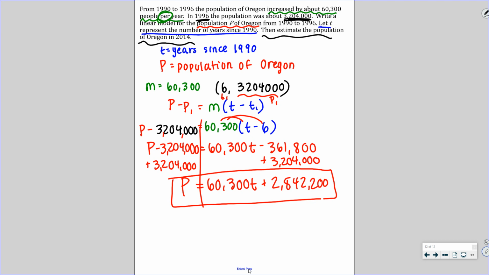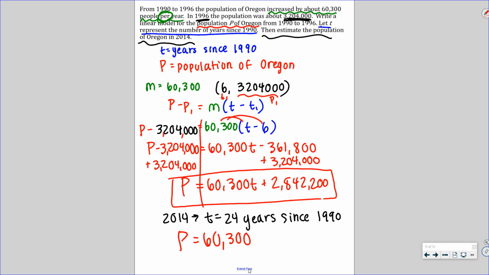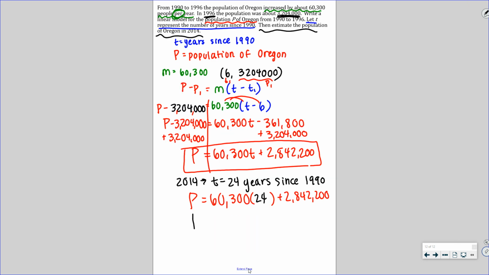So just be careful with this. 2014 is how many years since 1990? 24, yep. So we're just going to take our model. Oh, I love linear word problems. They're so fun. We're going to plug in 24. And it's good to think of the math we're doing here.